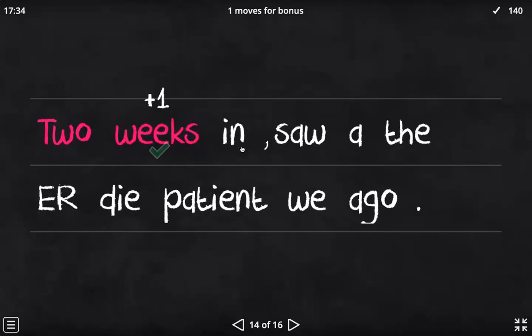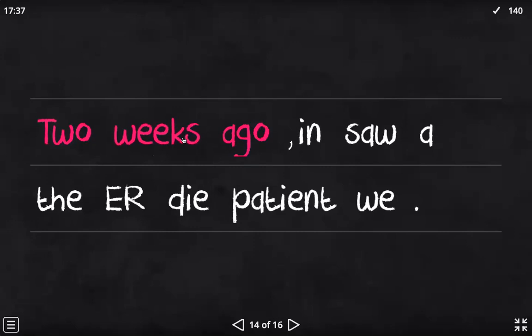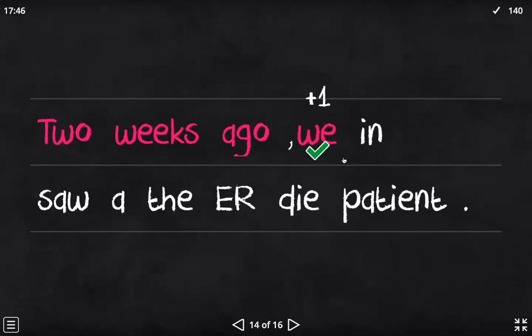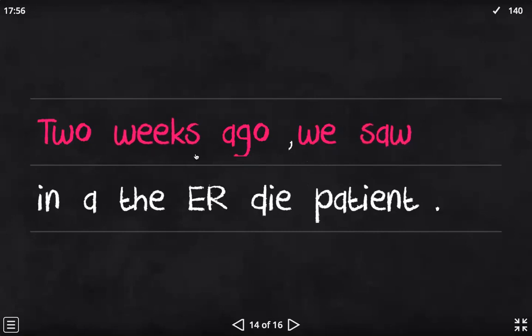Very good. 2 weeks ago. Empezamos con el time expression. Our subject. Which one is our subject? Or pronoun subject? We. Okay, we. And the verb? Saw. Very good. Saw es un irregular verb in simple past, de ver. We saw.